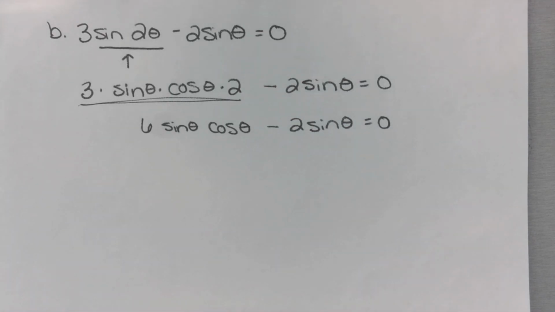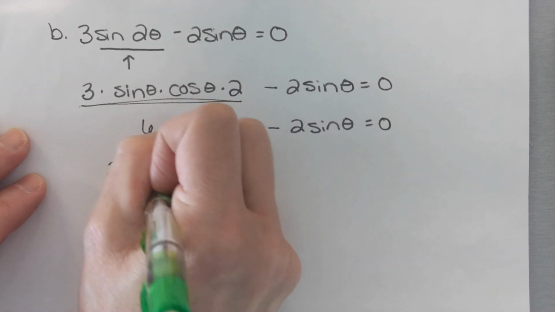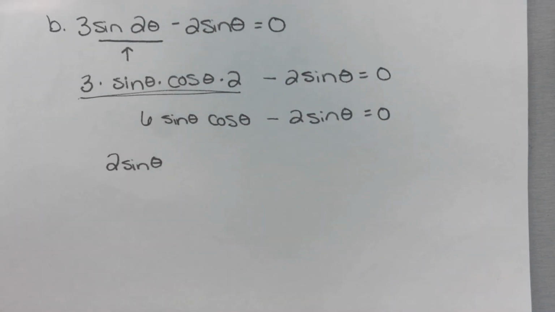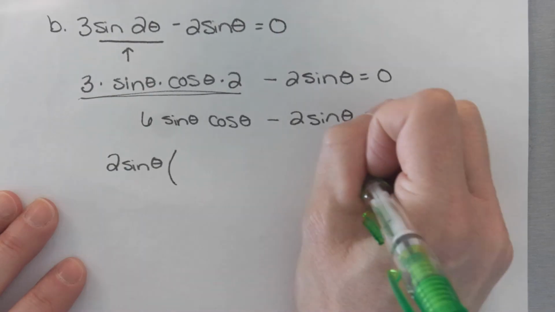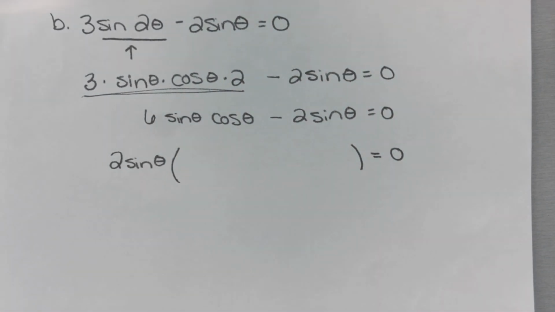So can we pull something out front that they both have in common? 2 sine theta. And then let's see what will be left over. Factoring is also the name of the game for these problems today. The tricks you're using are the 7.1 and 7.3 theorems, formulas, identities, and then you're also thinking factoring.